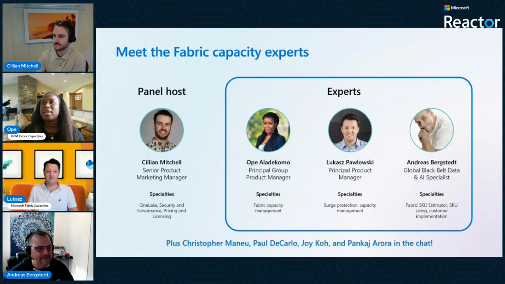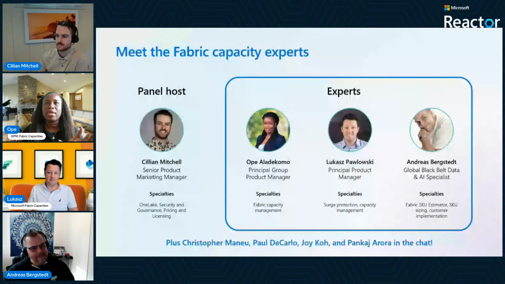I'm going to try to find a link and add it in the group chat, but it is available, and we already have customers who are using this and giving feedback. It basically allows them to apportion a certain usage or percentage on the capacity to different departments or cost centers, so they're able to divide up the costs when they get their Azure bill. So yes, it is available in public preview, which is great news.